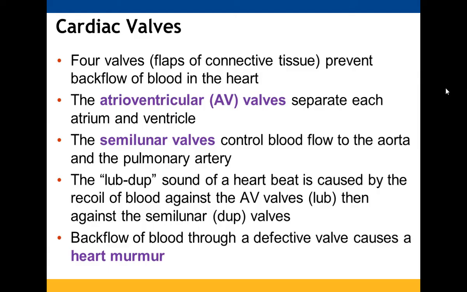And that's the lub dub sound you hear when you have a heartbeat. The lub would be the AV valve, and the dub would be the semilunar valve. If there is blood moving backwards because there's some sort of valve issue, depending on the significance of it, will have a role as to what happens. That's when you have a heart murmur.